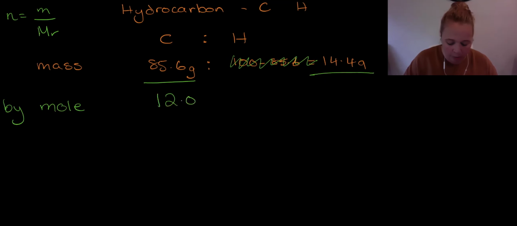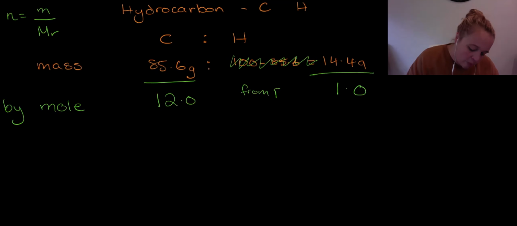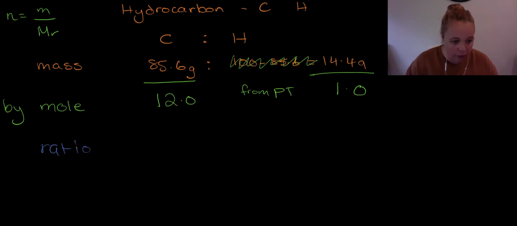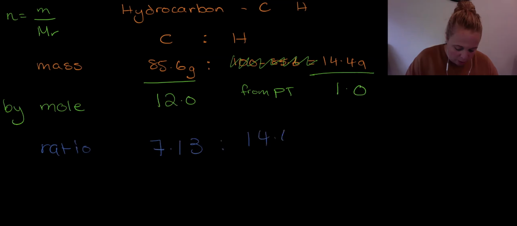The mass of carbon is 12 and the mass of hydrogen is 1. Where did I get these from? From the periodic table. That gives us our first ratio of 7.13 to 14.4.